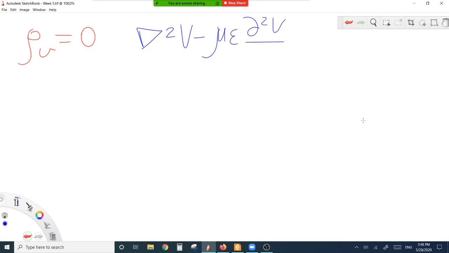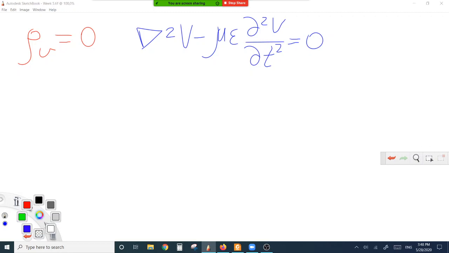If there is no source, we will obtain the homogeneous equation, which is the Laplacian of V minus mu epsilon d squared V over dt squared, which is equal to 0. This is the homogeneous equation.